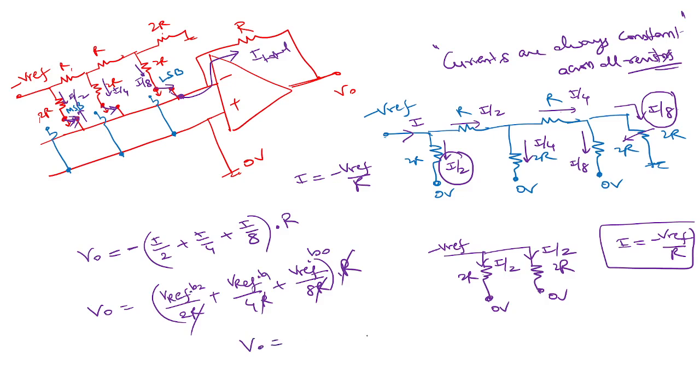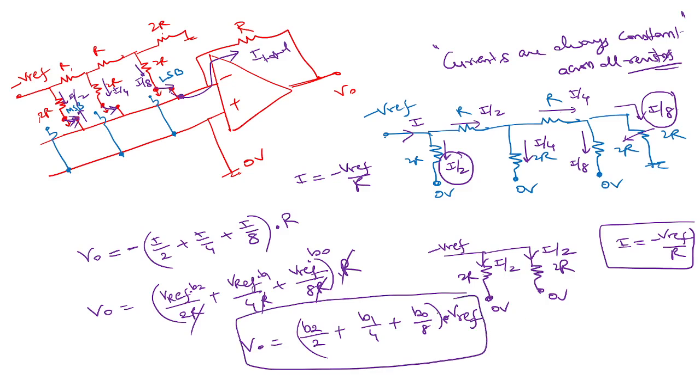So V0 effectively is V2 by 2 plus V1 by 4 plus V0 by 8, into V reference. That implies if I solve it, this is V reference by 8 into 4 times B2, plus 2 times B1, plus 1 time B0. That's it.